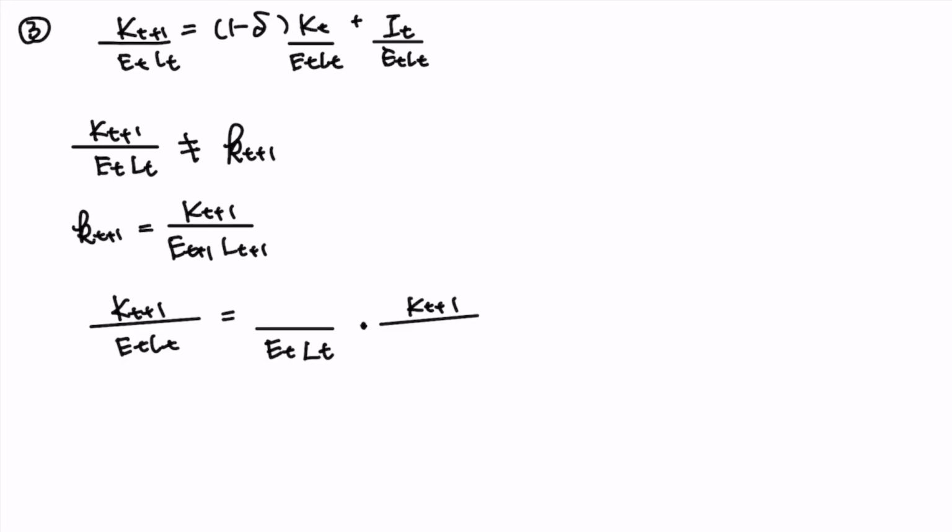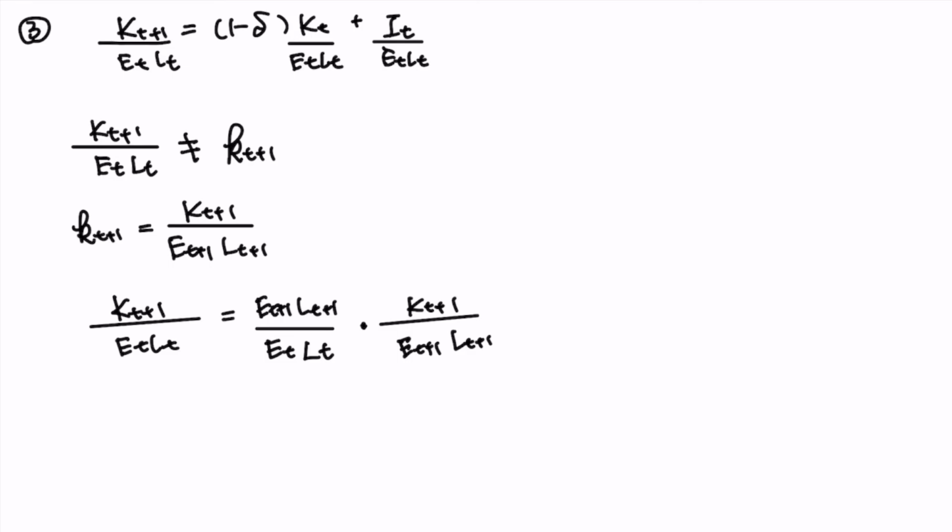Given that the KT plus 1 and ET, LT are not the right couple, we just separate it out. And then we divide it by a term that is ET plus 1 and LT plus 1 below the KT plus 1. And then given that we want to keep the equation holding, we need to multiply it by the ET plus 1 and LT plus 1 again.